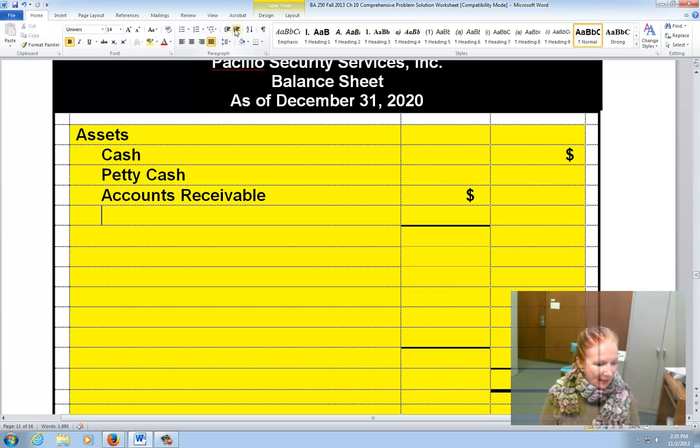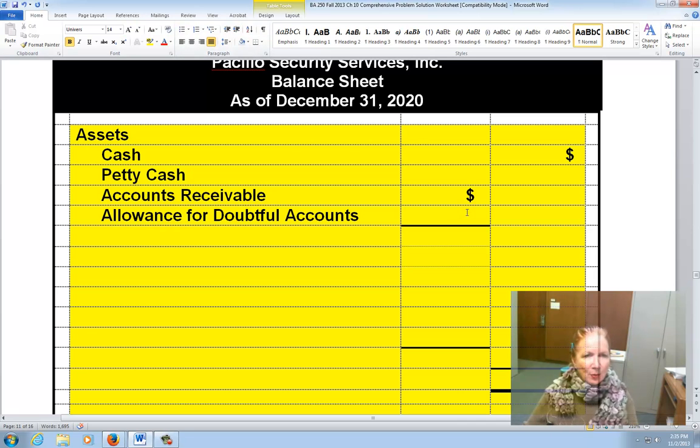So now we're going to have allowance for doubtful accounts, and we're going to put that here with brackets around it, and then we're going to put the allowance for doubtful accounts book value in here.